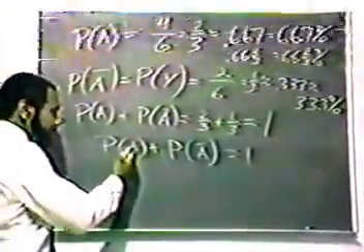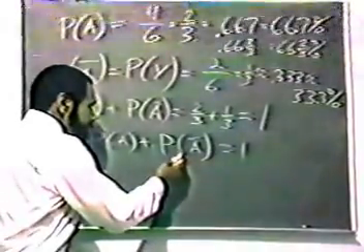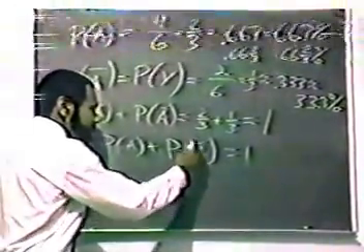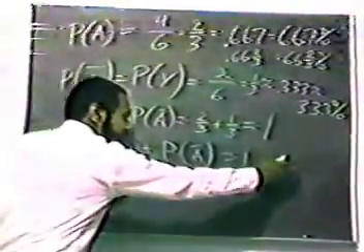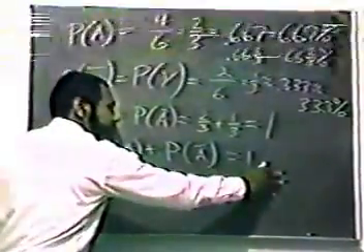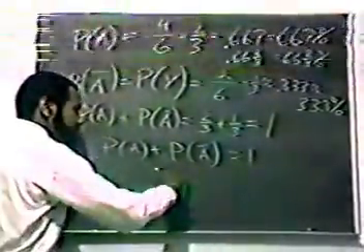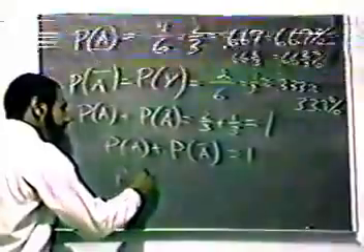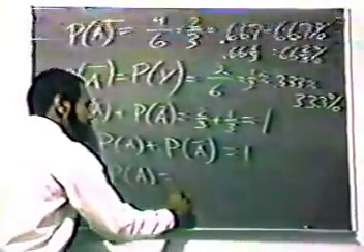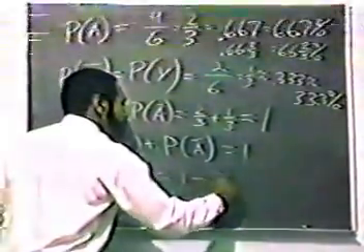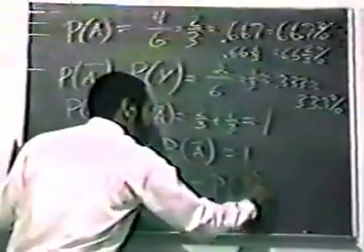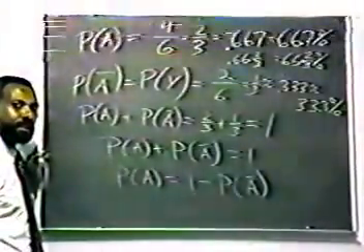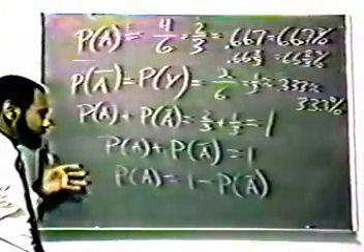We could subtract the probability of the complement of A from each side of this equation. And that would give us the equation, the probability of A equals 1 minus the probability of the complement of A. Another equation. Both equations, of course, are equivalent.